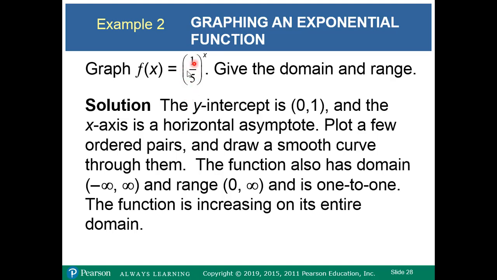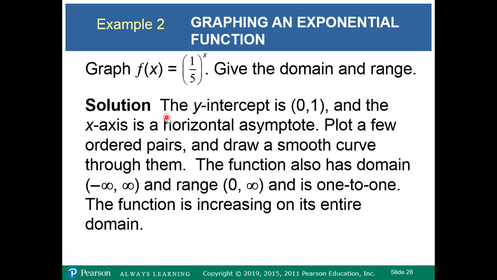Negative 1 comma 5, because it's 1 over a, which is 1 over 1/5, which is 5. So it'll go through negative 1 comma 5, and then it's also going to go through 1 comma 1/5. So it'll go through those 3 points.